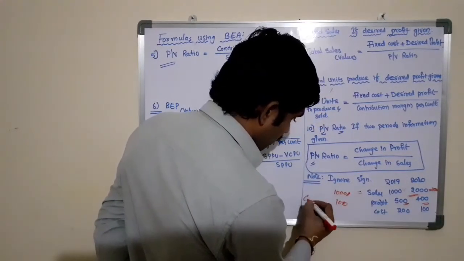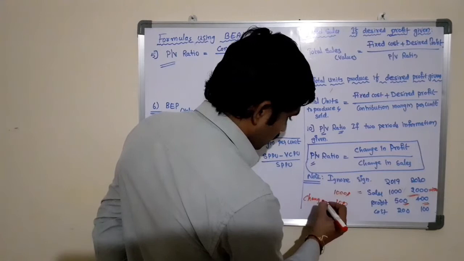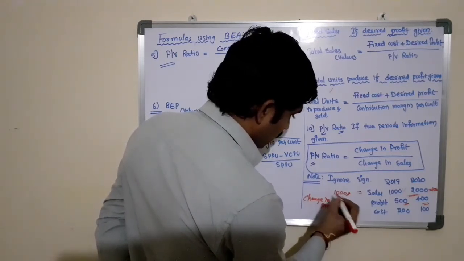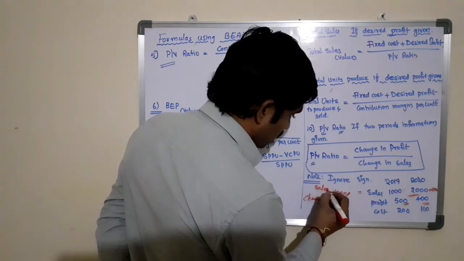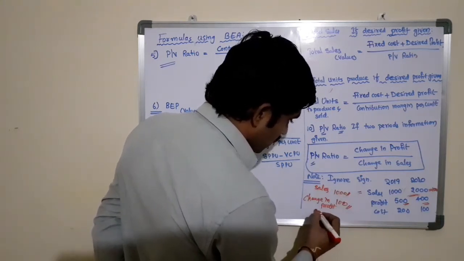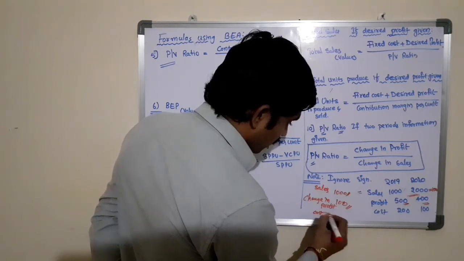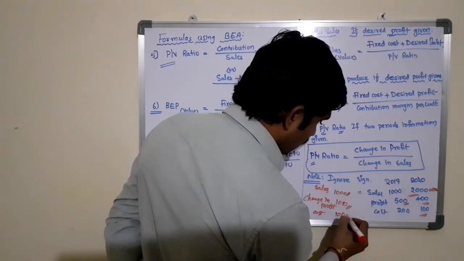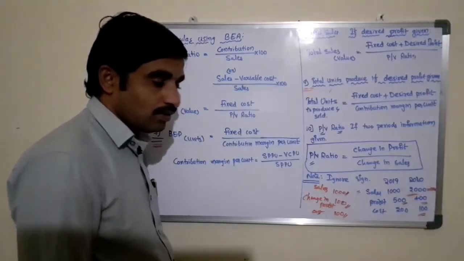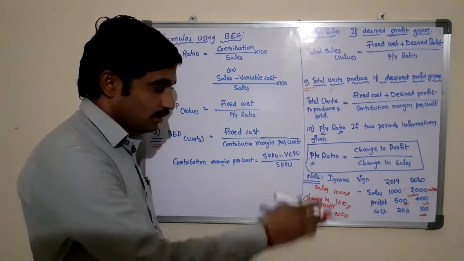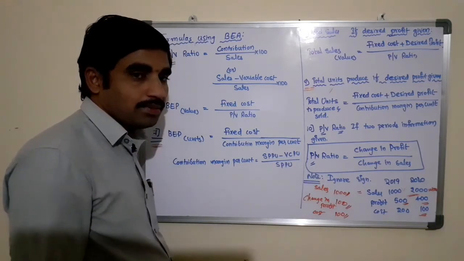Change in profit is 100. Change in sales is 1000. In terms of cost, the difference is 100. Only you are ascertaining the difference, not considering the signs of the values, plus or minus.